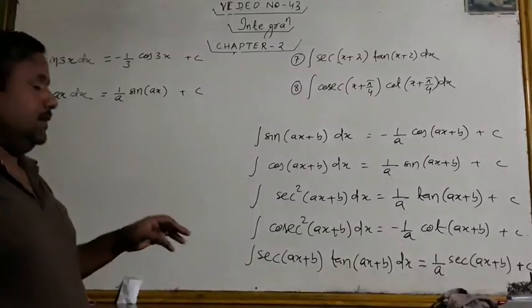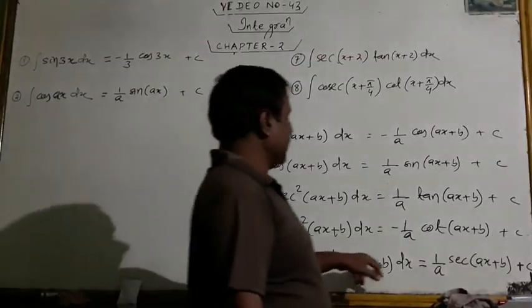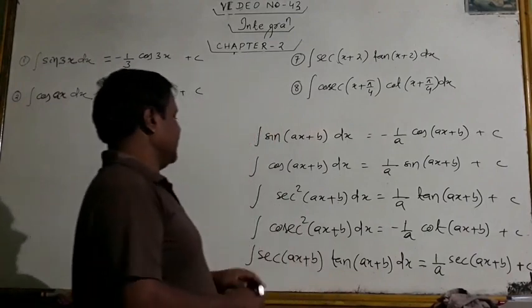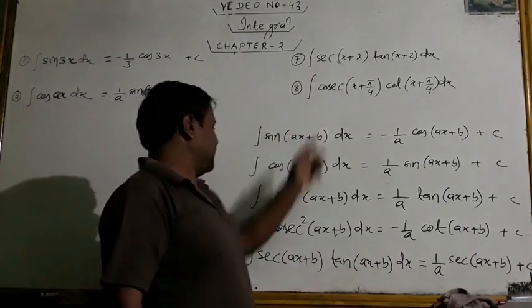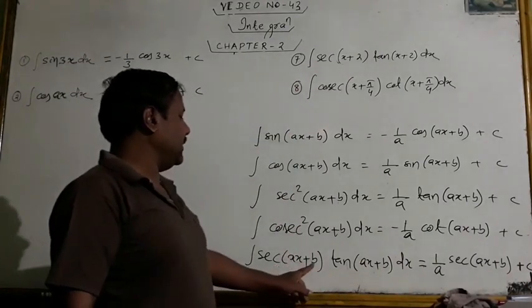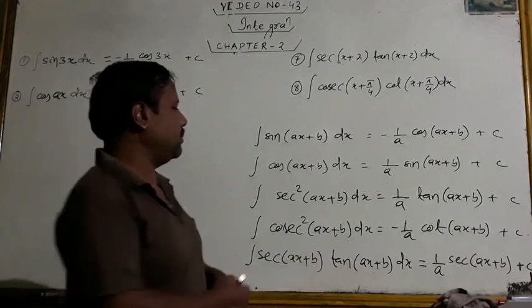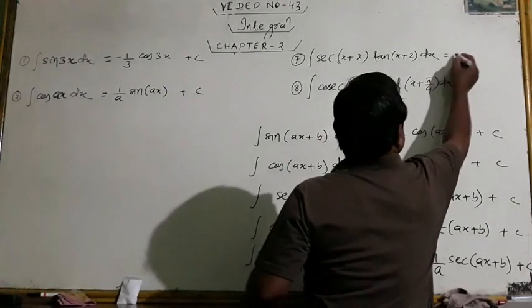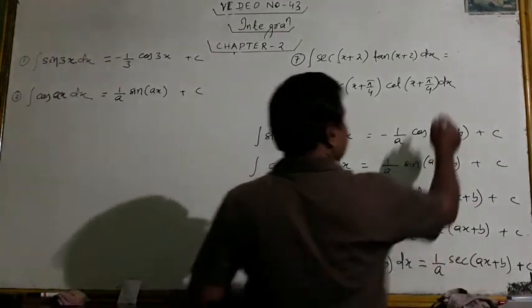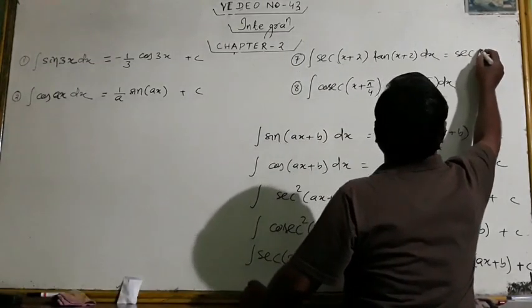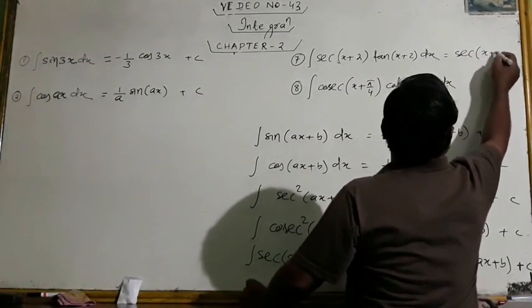Now sec(x+b)tan(x+b) dx. Here it is x plus 2, so a is 1 and b is 2. The answer is 1 by 1, that is 1, sec(x plus 2).